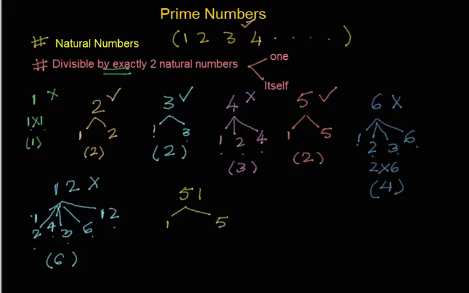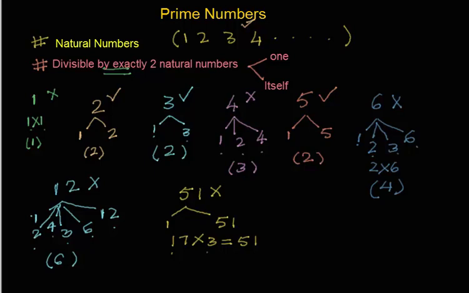So just by looking at it, we might get confused and think that 51 is a prime number and there are no numbers which can divide 51. But if we think again, we'll see that 51 can be written as 17 into 3. So 17 and 3 are also factors of 51. So 51 is not a prime number.